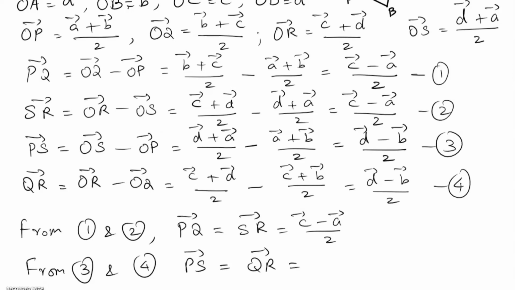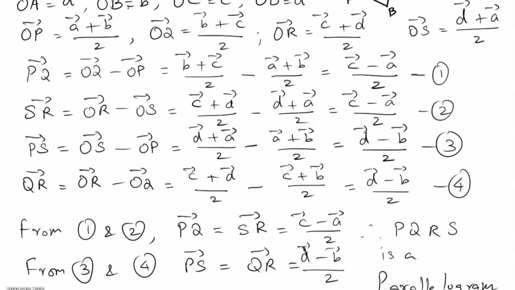They are both equal to D minus B by 2. Therefore, PQRS is a parallelogram. Hence our proof.